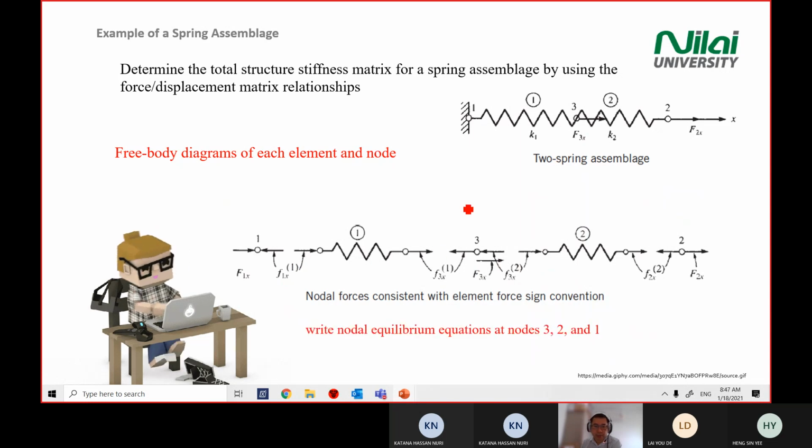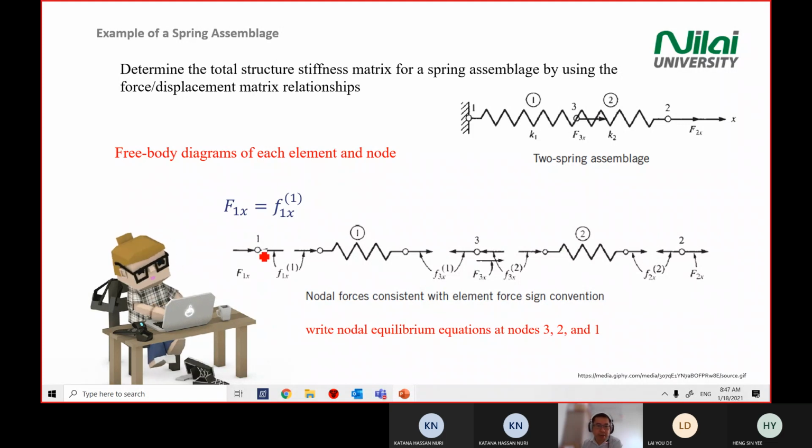Then we look at each individual point and put it in matrix form. We start to write equations in equilibrium form, where all the forces equal 0, putting all the forces in the equation.